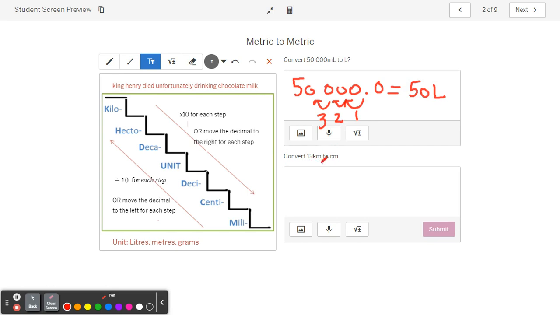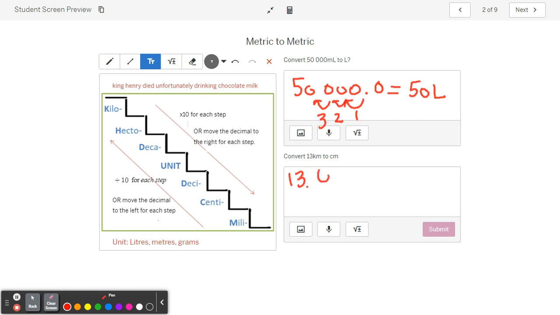Now, let's say we are trying to convert 13 kilometers to centimeters. Kilometers is up here and centi is down here. We're taking steps down. 1, 2, 3, 4, 5. I'm going to be taking 13 and multiplying it by 10 5 times, or I'm moving the decimal 5 steps to the right.